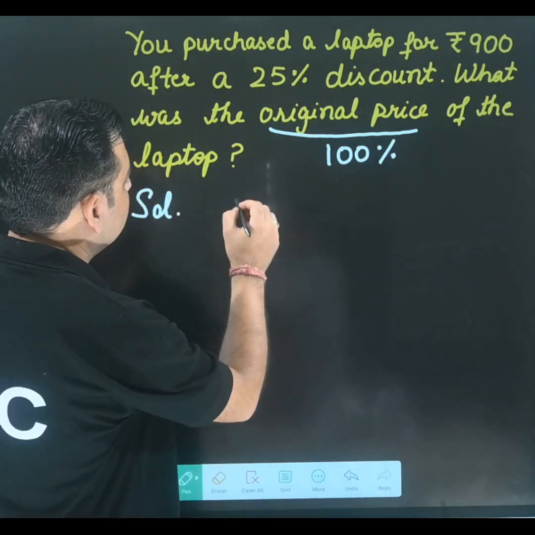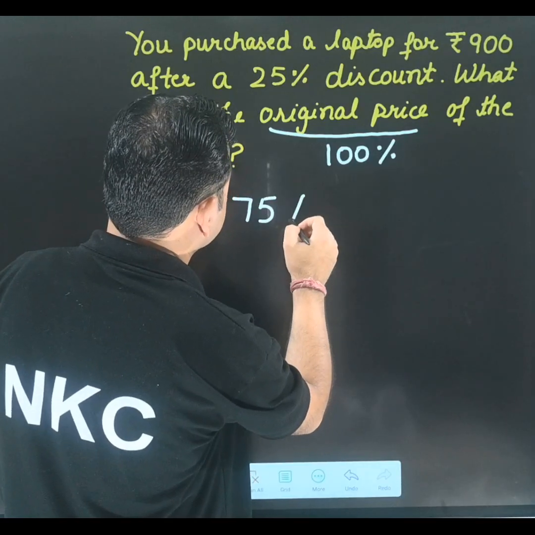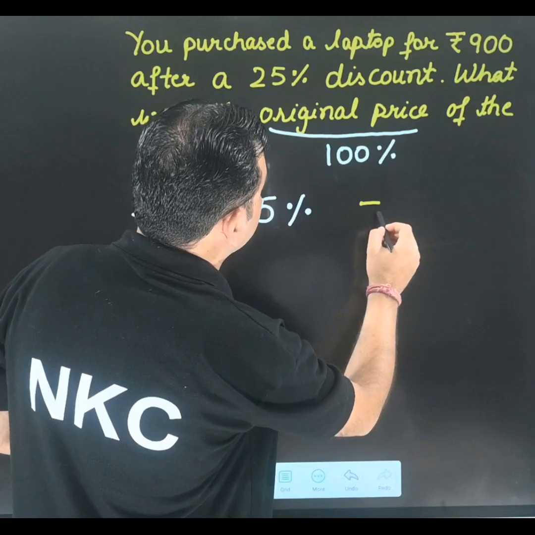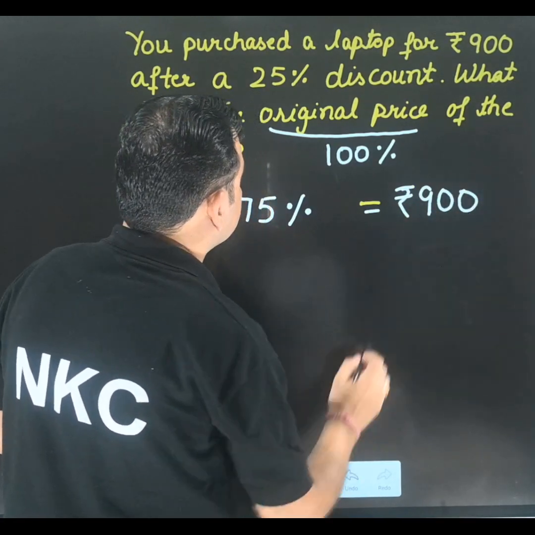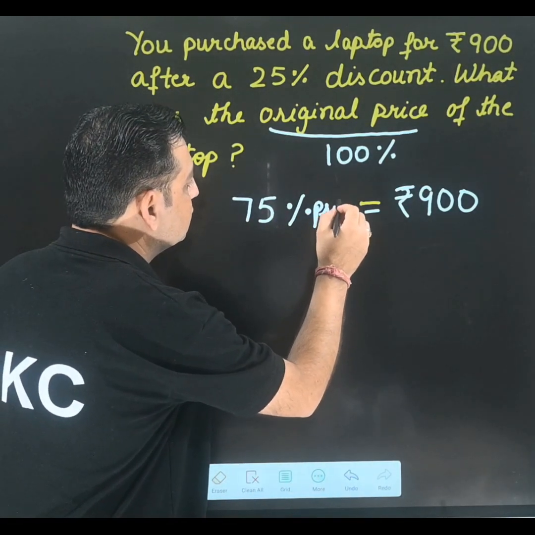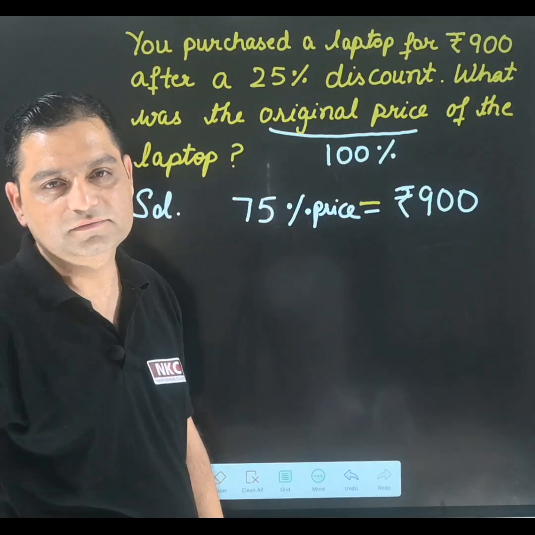That means what I can write: 75% corresponds to rupees 900. That 75% price of the original laptop is 900.